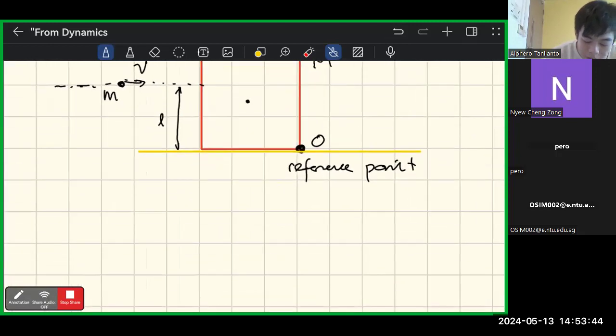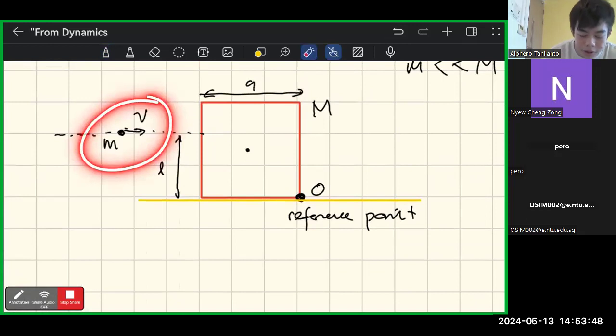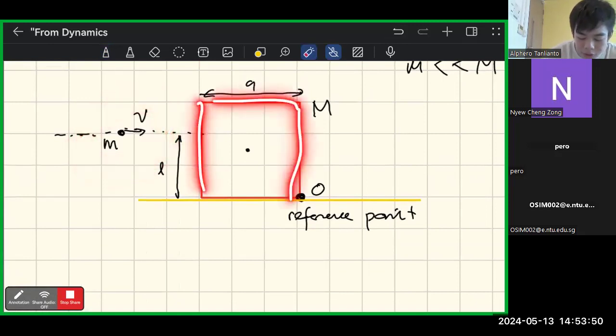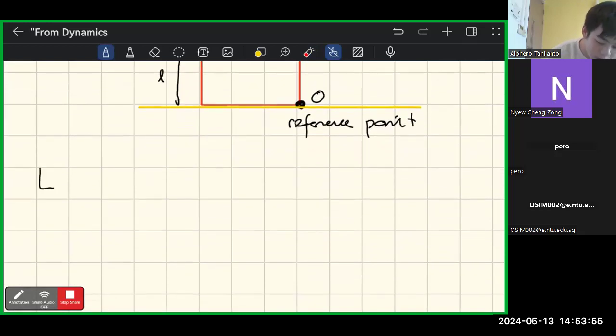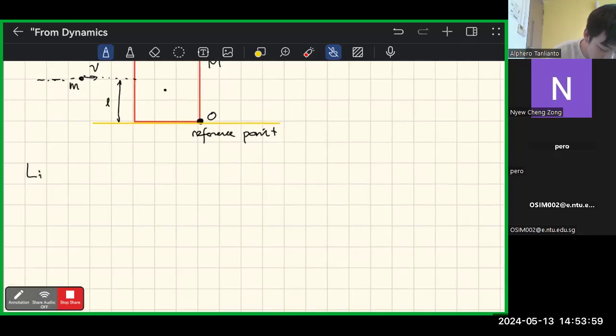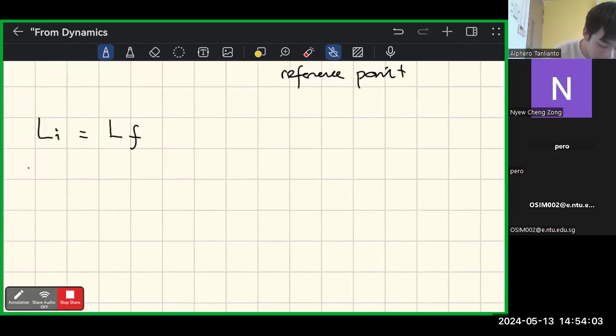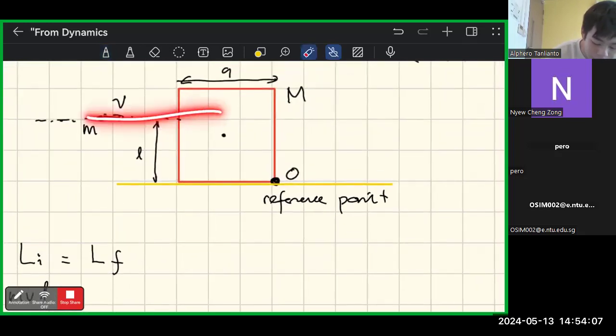The initial angular momentum is only from the particle, because at first this cube is not moving. So by conservation, the initial angular momentum equals the final angular momentum, which at first is mvL. V and L are already perpendicular here, no problem.